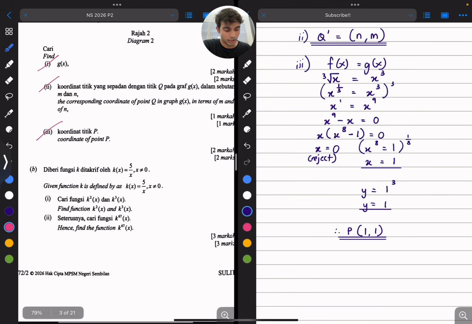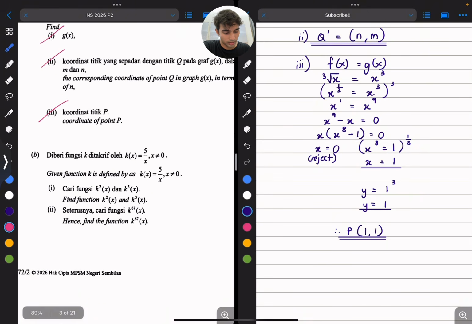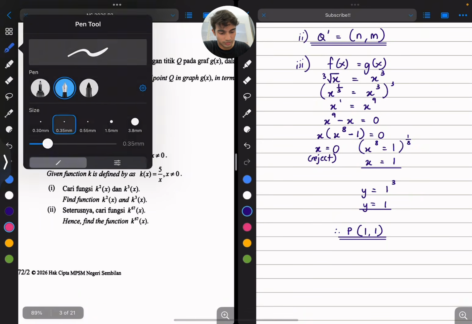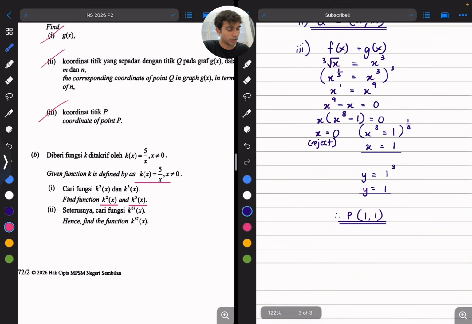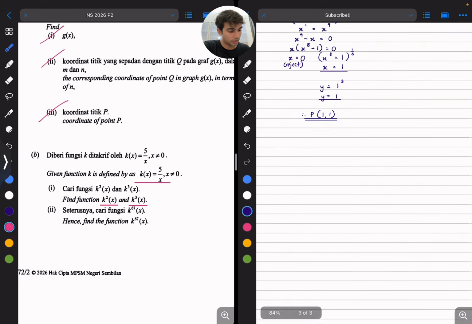B. Given function k(x) is defined as this. k(x) is 5 over x. Find function k square x and k cube x. Do we have enough space? Okay, we do.